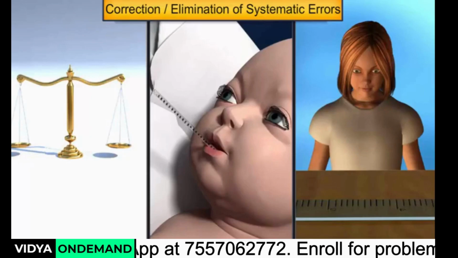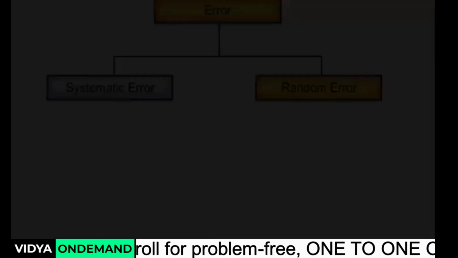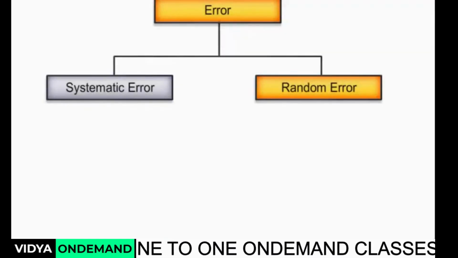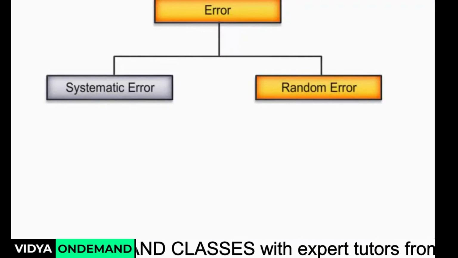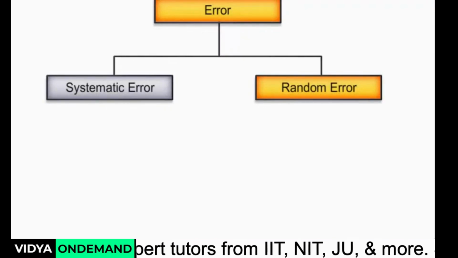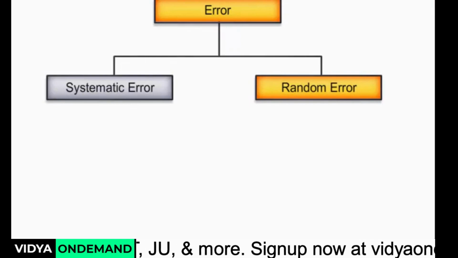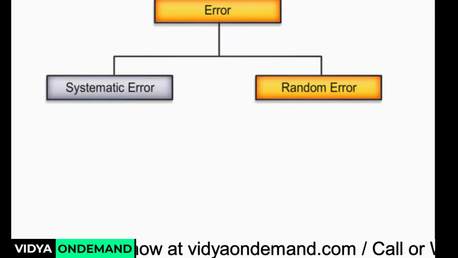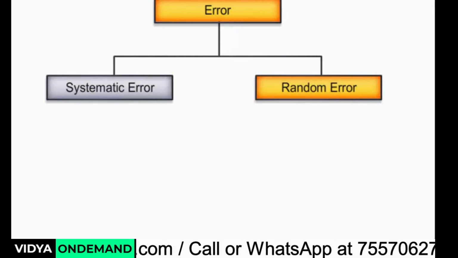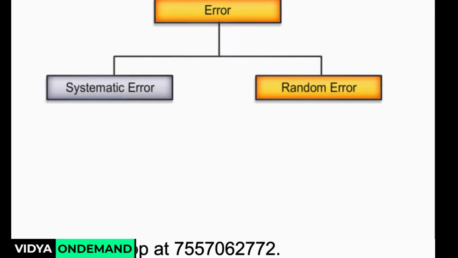Random errors are akin to what they are called: random. These errors vary in terms of sign and size. That is, they can be either negative or positive, and the quantum of error varies in absolute terms.